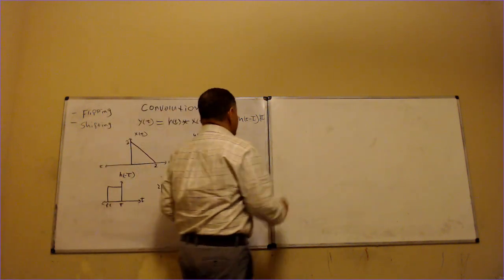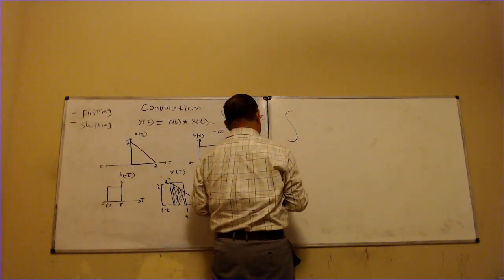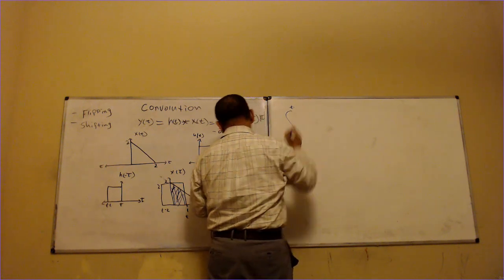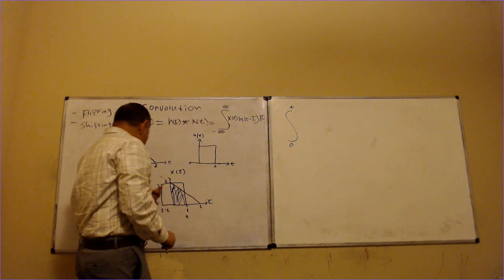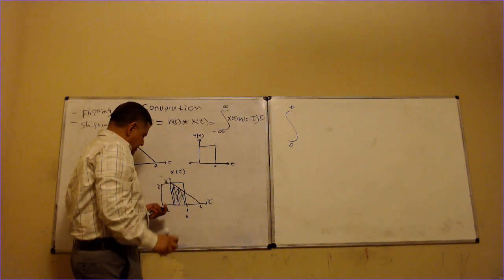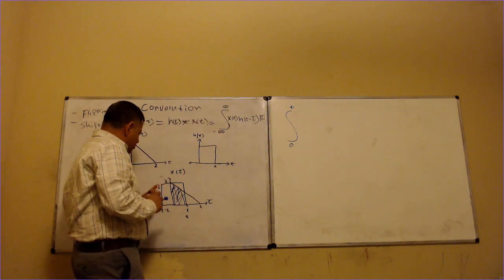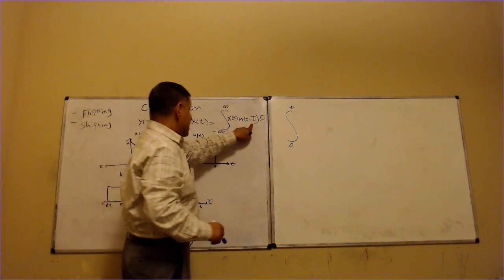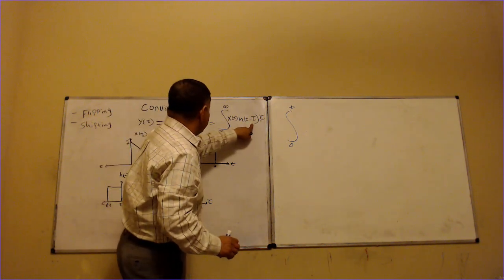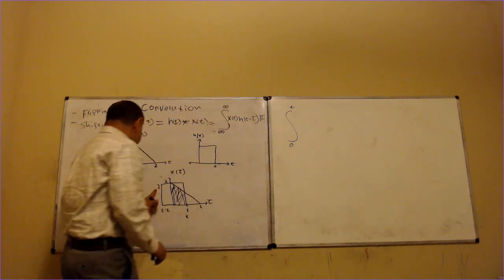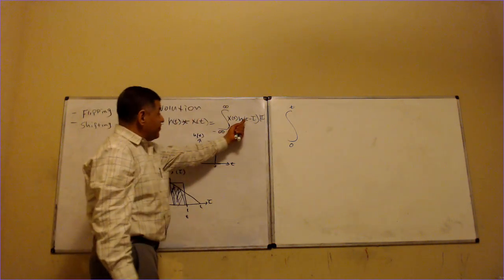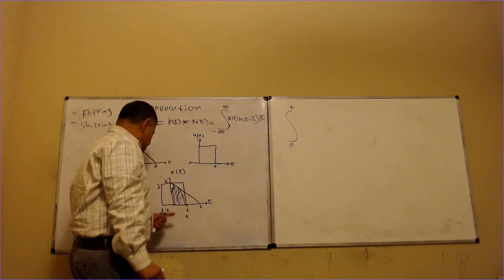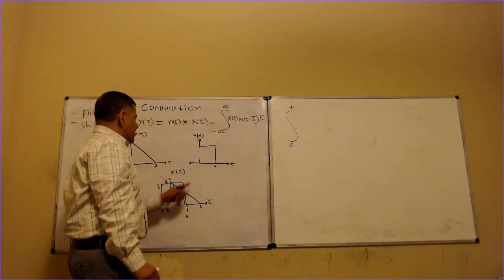So what I will do is integrate from 0 to t, right? Now, what is the height of that? The height of that is 2 of this, right? This is the one that I flipped and shifted. That represents that, right? But then I have to be careful because over here I am not dealing with a rectangle.